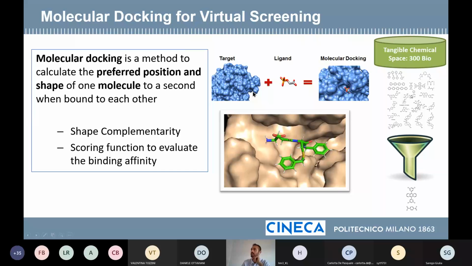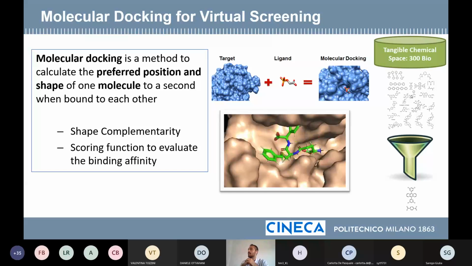Basically we have the target, which is a large molecule, it could be the virus, and then the ligand, which is some protein or some small molecule that has to dock, so has to enter some pocket of the target. This process is the molecular docking.